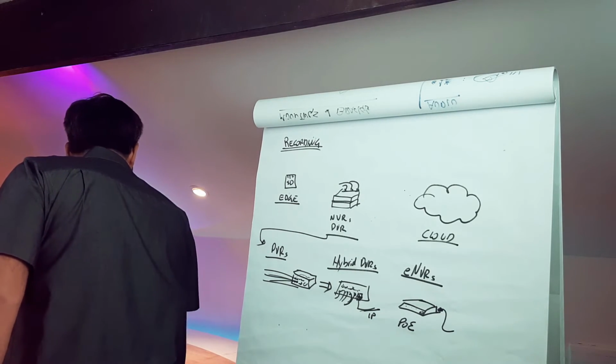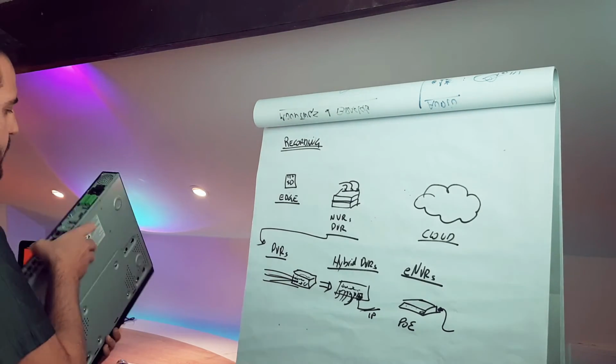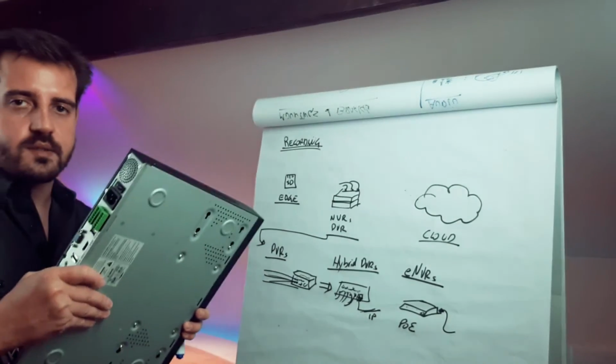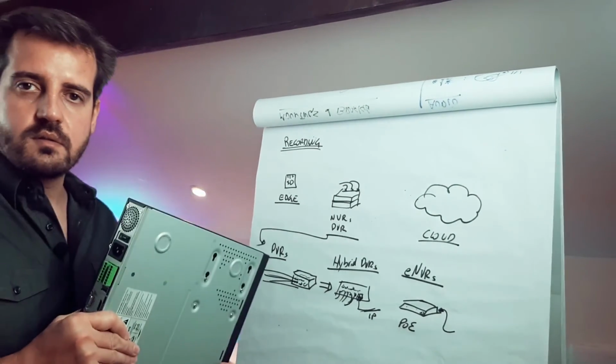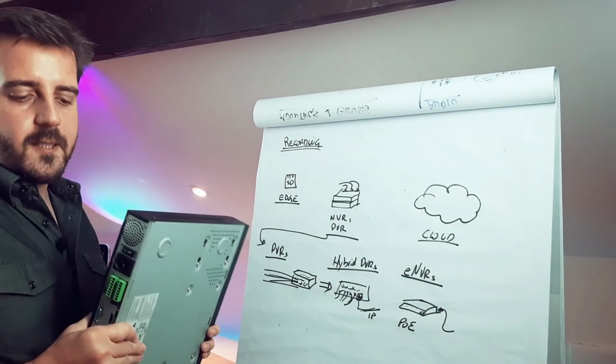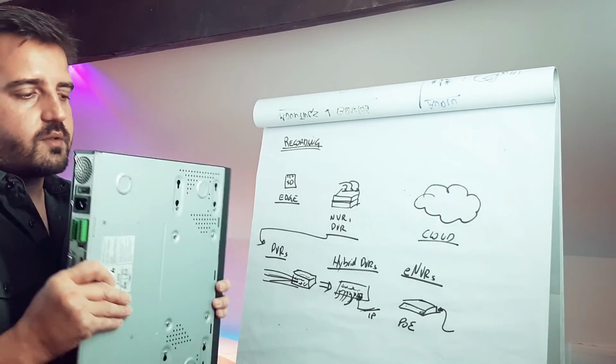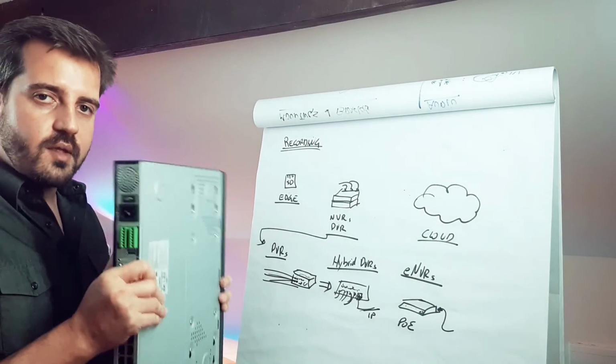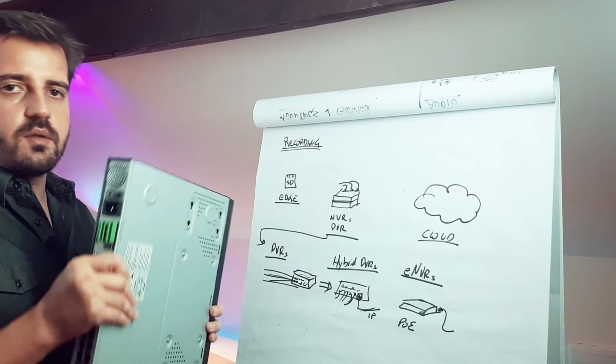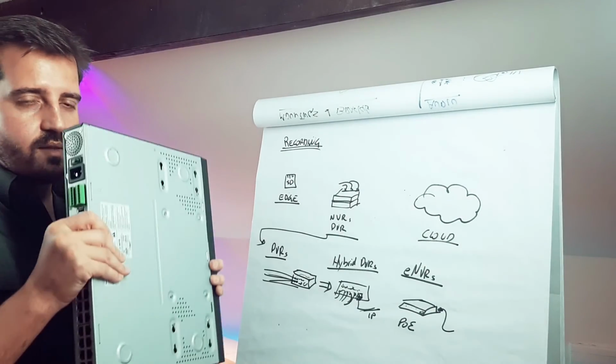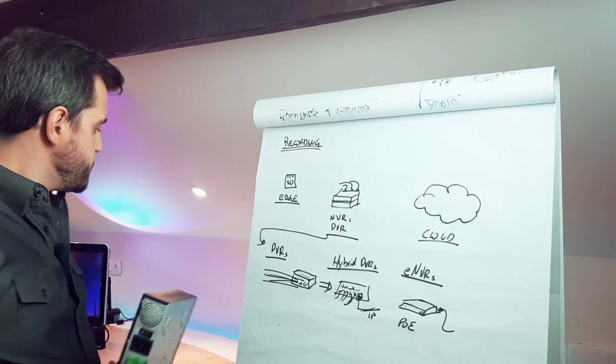So this is an embedded NVR. We have everything here in this box. You just need to turn on the power, plug in the cameras, and do the initial configuration. That's it. Everything is here. And if you need to monitor or do playback, it's all here in just one box.